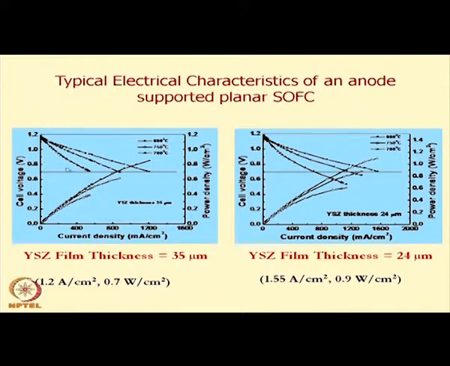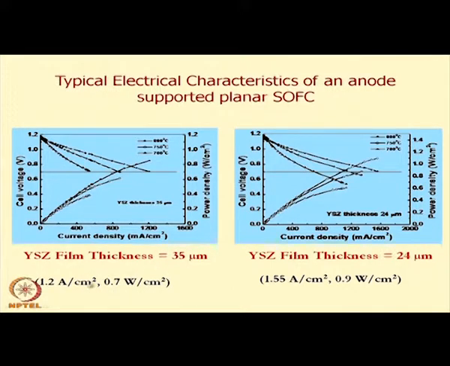As soon as the current is drawn from the cell, the voltage drops from the open circuit voltage. As a standard practice, at about 0.7 volt, whatever the current drawn is the operating current. With this consideration one gets about 1.2 amperes per centimeter square at 0.7 watt per centimeter square.